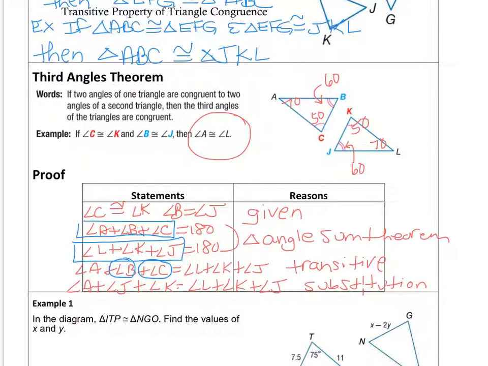All right, now we can finally conclude that angle A must equal angle L. And why is that? Because we subtracted. We used our subtraction property of equality. And the way we did that is we subtracted J from both sides, and we subtracted K from both sides. Therefore, A must be equal to L.